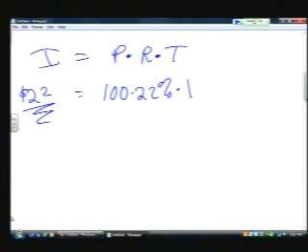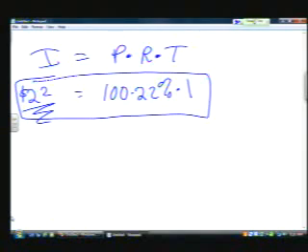This is a really good memory technique to help remember formulas: take some simple numbers that you understand. You borrow $100 at 22% interest for 1 year, it's going to cost you $22.